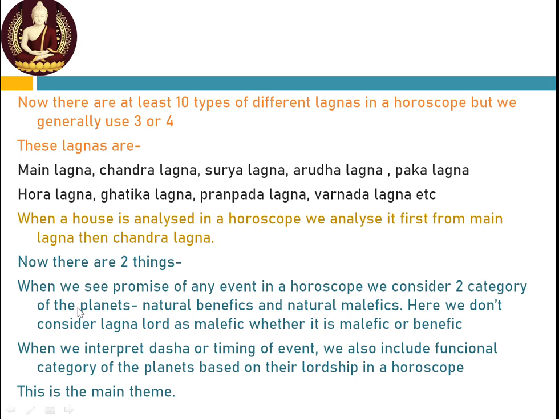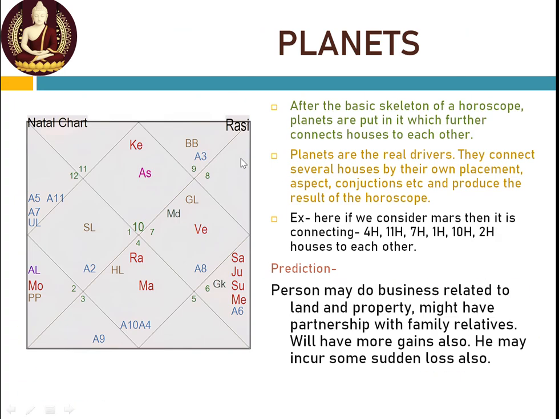So now there are two things. When we see the promise of any event in a horoscope, we consider two categories of planets: natural benefic and natural malefic. We don't consider the lagna lord as malefic, whether it is naturally malefic or benefic. For example, in this horoscope, Saturn is generally malefic, but it is the lagna lord now, so it will not be considered malefic.